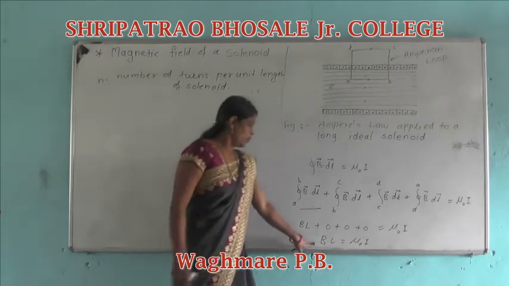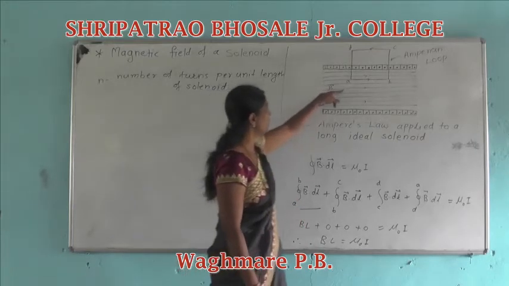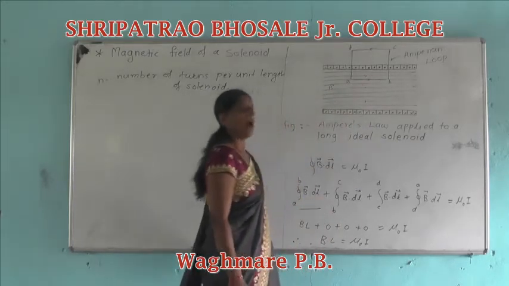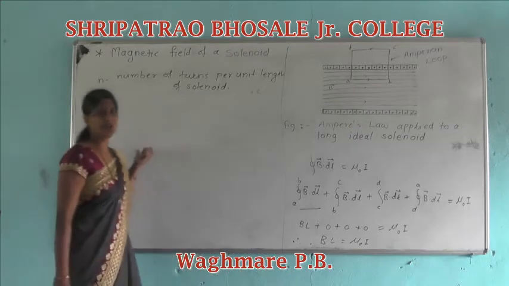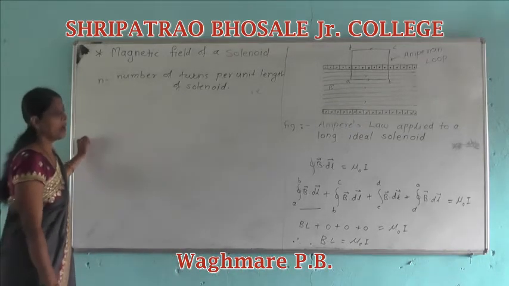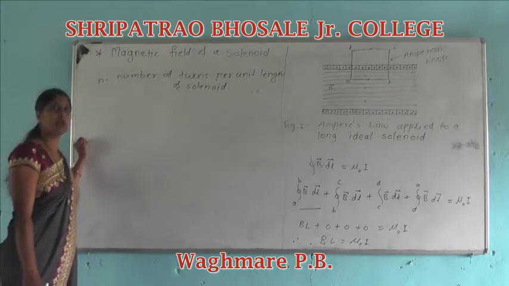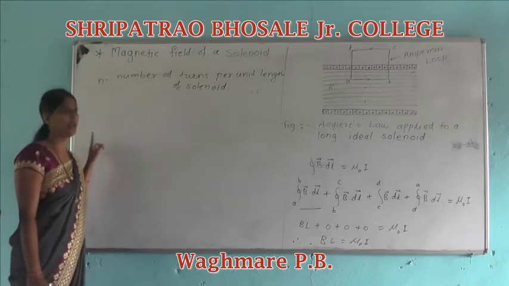Here we have found the magnetic field over one length AB, or over the closed Ampere loop, equal to mu naught I. Now we have to find the total magnetic field due to the current in the solenoid.